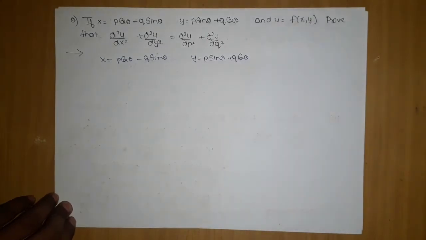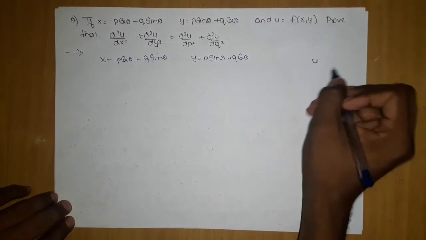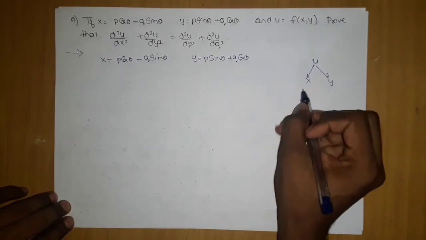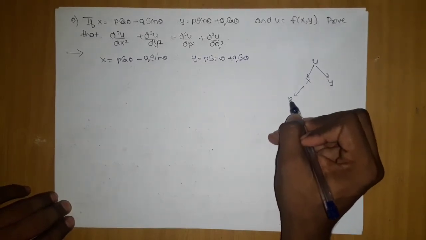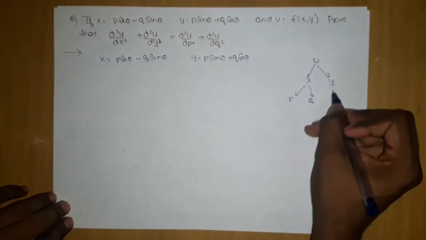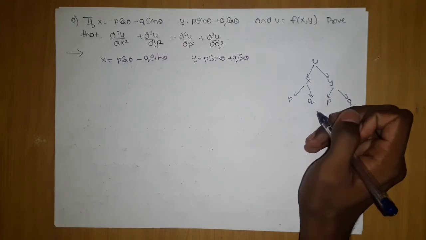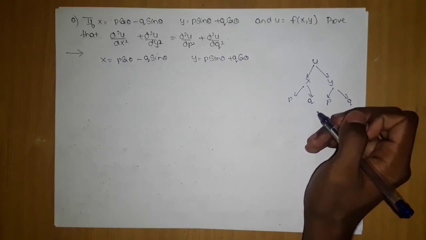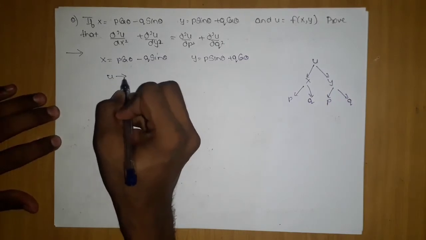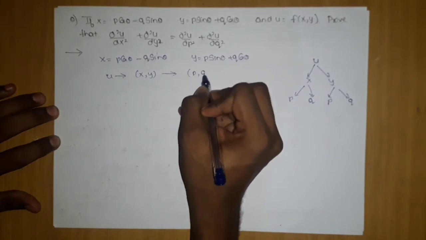So how can we proceed? First you should know what your main function is. The central function is u. It is broken up into x and y, which are further broken up into p and q. How do I make out that it is broken up into p and q? Because here p and q are there. So we are going to mention that x comma y is a function of p comma q.